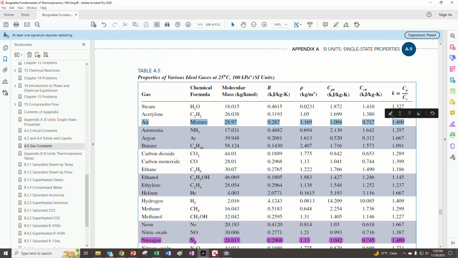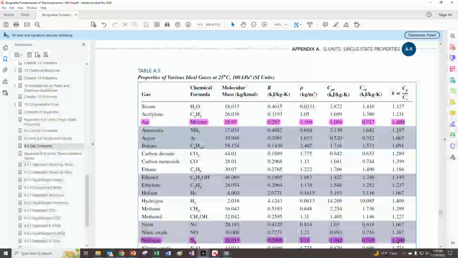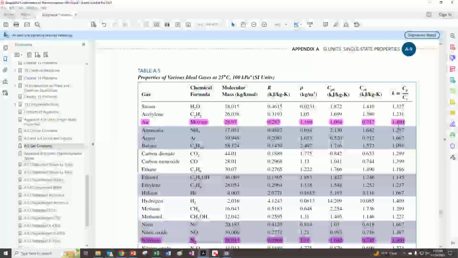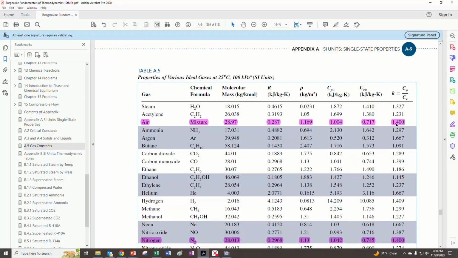It's got the same k. We don't need k because this is for isentropic processes. We have a polytropic process, and we note that our polytropic exponent is smaller than that k, which is 1.4 for this thing that we're looking at.